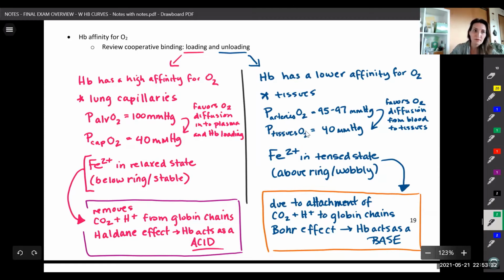But the amount of oxygen that's dissolved in the interstitial fluid and that associated with the cells is relatively low at 40 millimeters of mercury because the oxygen is constantly being depleted by the body cells. So this differential favors diffusion of oxygen from the blood to the tissues.